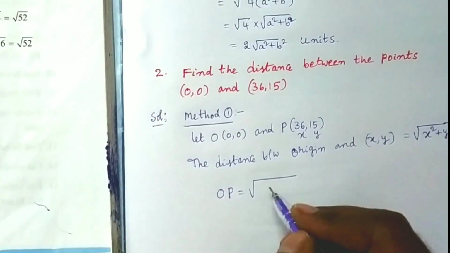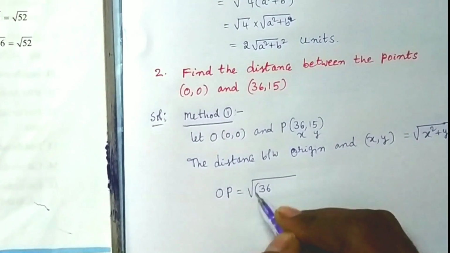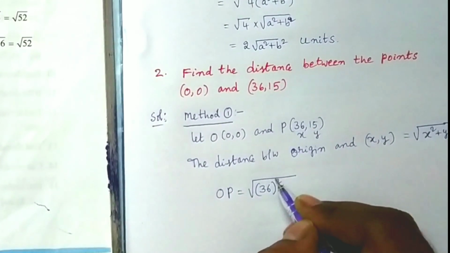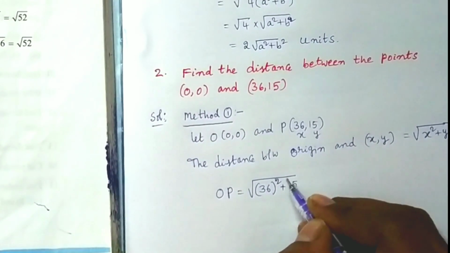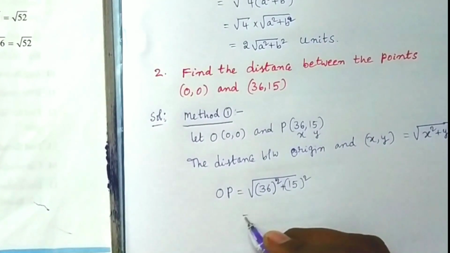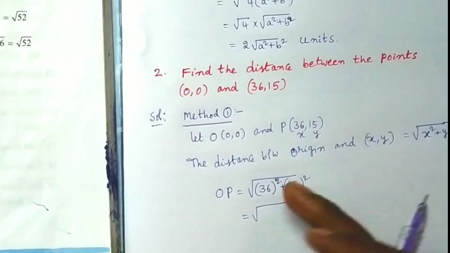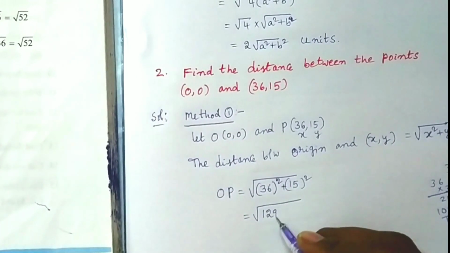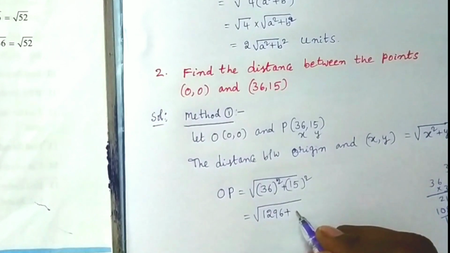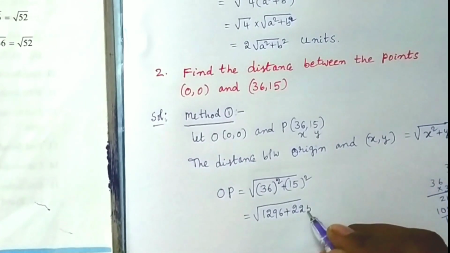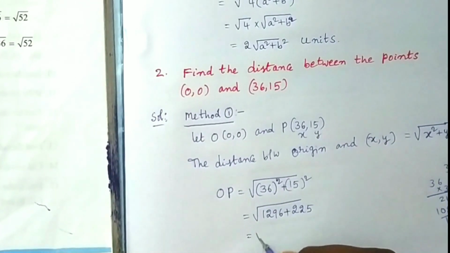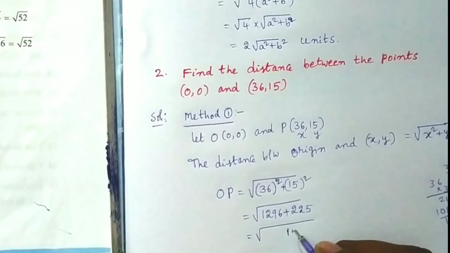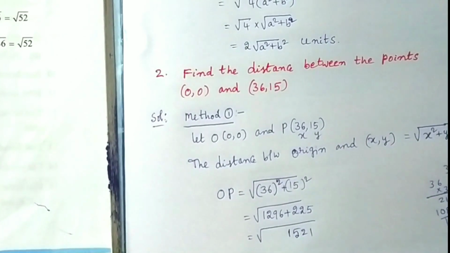So substitute these values, 36 whole square plus what is y, 15 whole square. So 36 whole square means 1296 plus 15 whole square, that is 225. So add it. So this value is 1521.